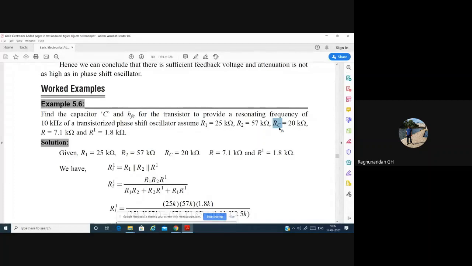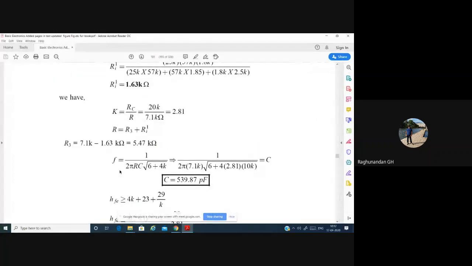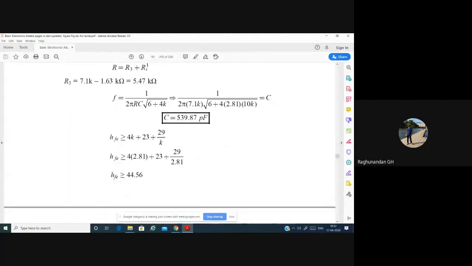So during that time, you just consider K equal to 0, and the formula becomes 1 divided by 2 pi RC root 6. If the K value is given, take root of 6 plus 4K, and whatever K value you have got, that you have to substitute. 2.81 you have got, that you have to substitute here. After that, just by rearranging, you will get the capacitor value. C is equal to 539.